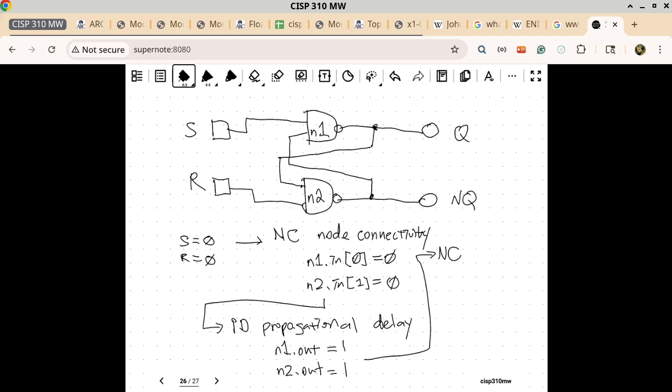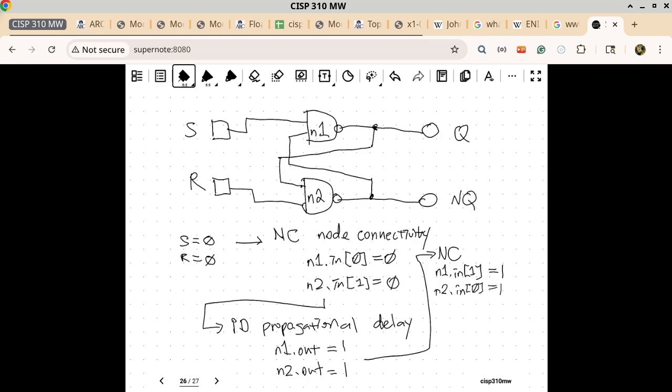The result of this NC is that we now know N1.in[1], which is the second input of N1, is going to be a 1. Does that make sense? And at the same time, we know that N2.in[0] is also going to be a 1.